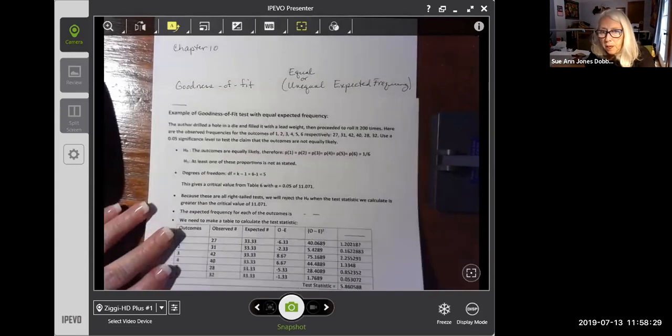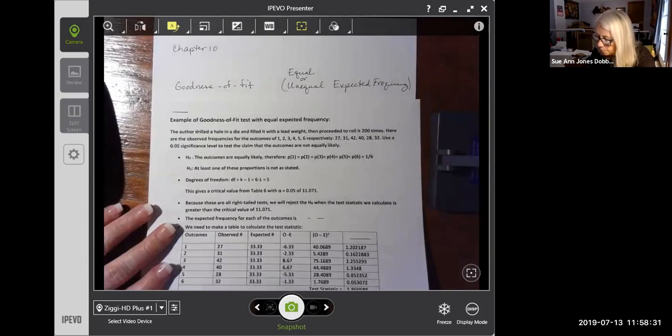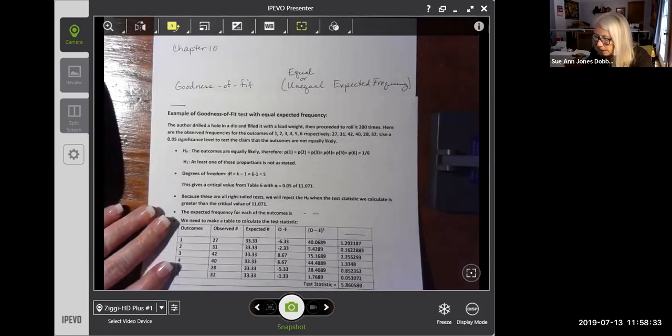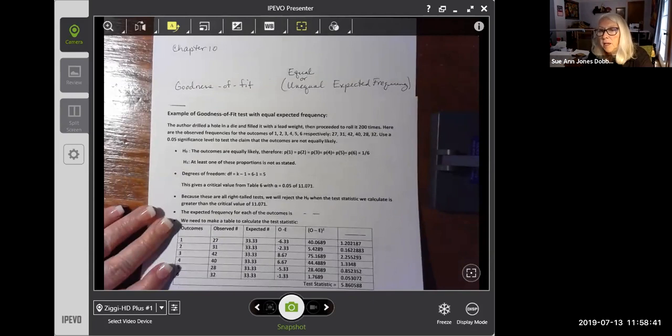So here you have someone who's drilled a hole in a six-sided die and filled it with a lead weight, which means they're trying to make a funny die that will selectively roll some numbers more than other numbers. But anyway, they tried that and they rolled it 200 times.